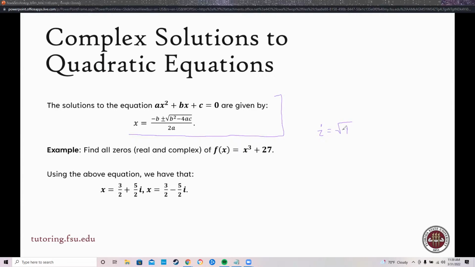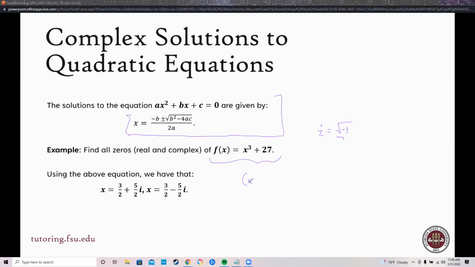So whenever we're solving a quadratic, even when we're using this, if we ever get to a negative number on the inside, we can simply keep evaluating it with an i. For this example here, it would serve best to factor out this expression before using the quadratic equation.